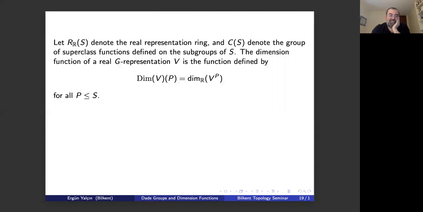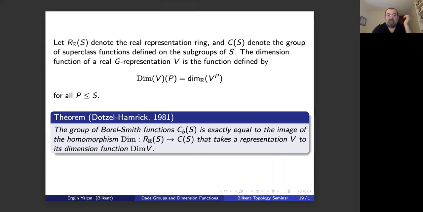But Dotzer and Hamlick have a very nice theorem which says that these things not only come from group actions on topological spaces whose mod P homology is a sphere, but also they come from representation spheres. So you have a group action coming from representation spheres to their unit spheres. These unit spheres, you can triangulate them, and you get a group action on them as a GCW complex.